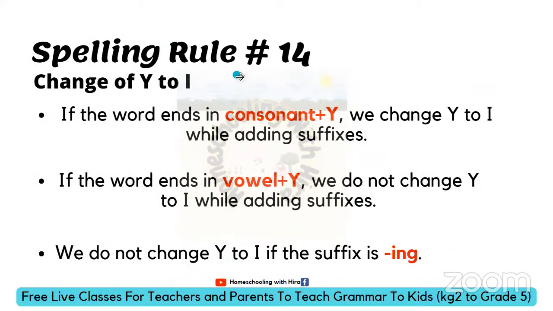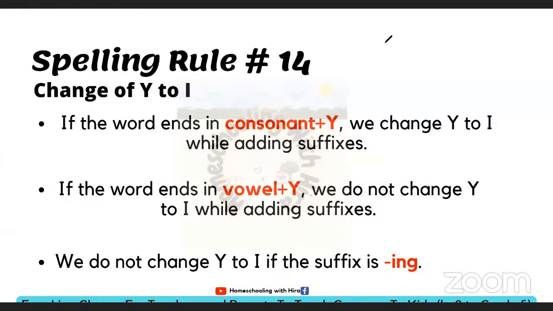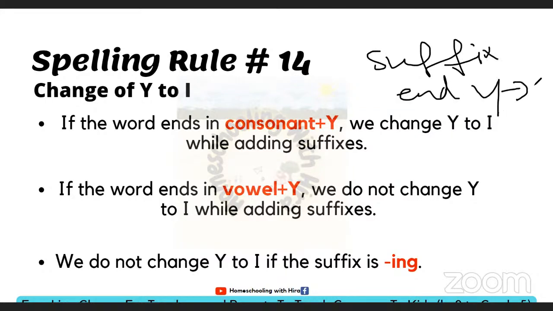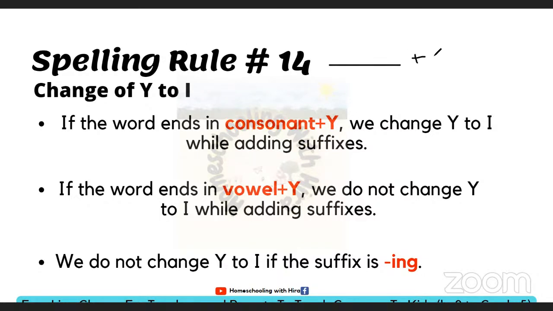Now we have change of Y to I rule. In many cases, if you are adding any suffix to the words that end in Y, you change Y to I. ठीक है? बहुत दफा ऐसा होता है कि जब हम किसी ऐसे वर्ड के अंदर सफिक्स ऐड करते हैं जो Y के ऊपर एंड हो रहा हो. फॉर एग्जाम्पल द वर्ड बेबी, it's ending in Y. I want to add the suffix babies to make it plural. ठीक है?